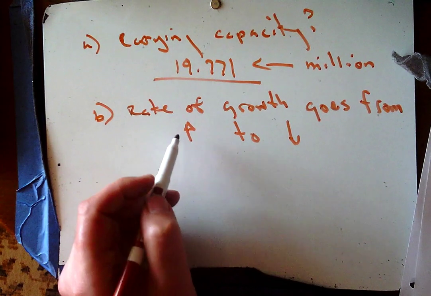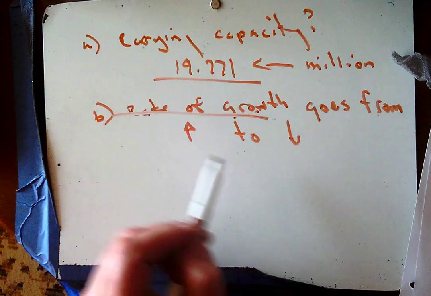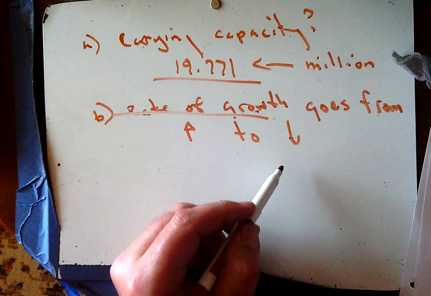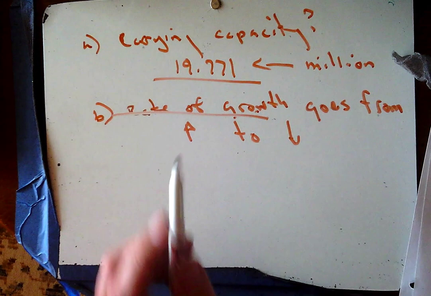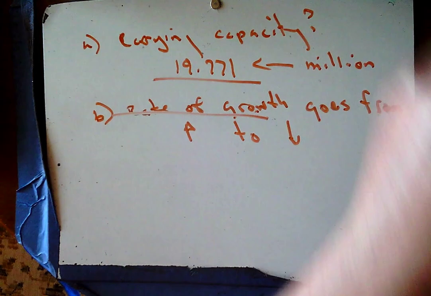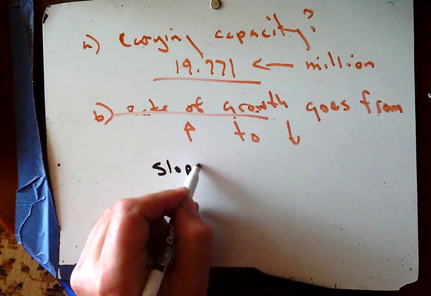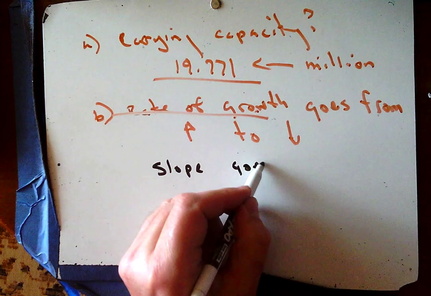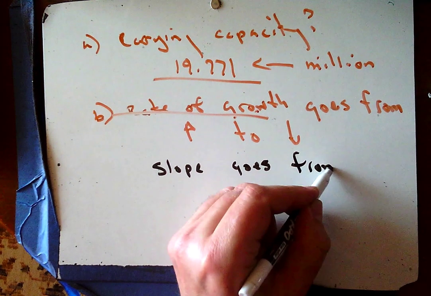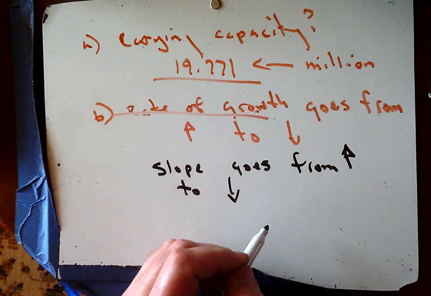Now that's not when does the population go from increasing to decreasing. It's the rate of growth goes from increasing to decreasing. Well, let's think about what this question means. We know that rate of change or rate of growth is a synonym for slope. And so I want to know when the slope goes from increasing slopes to decreasing slopes.